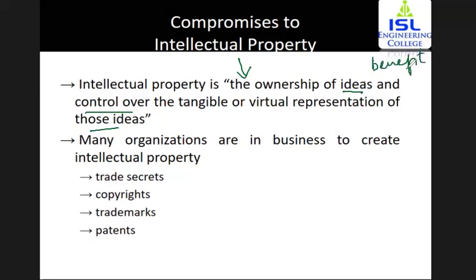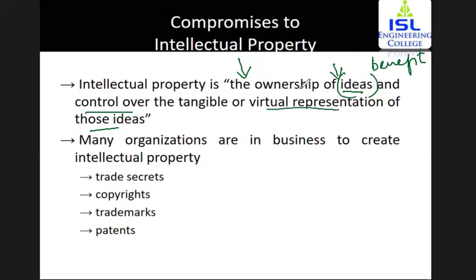You need to safeguard this idea so that no other organization makes use of it. If another organization hears that you're working on a particular agenda and gets an idea of it, they might implement it first and you will be at a loss.